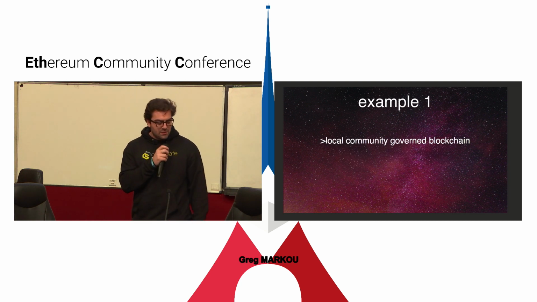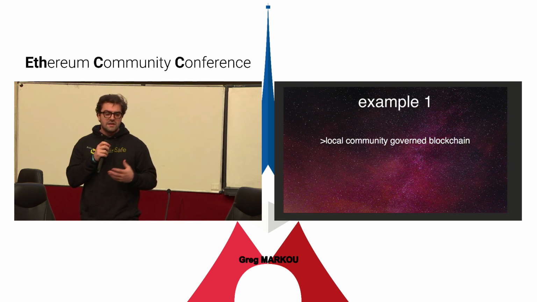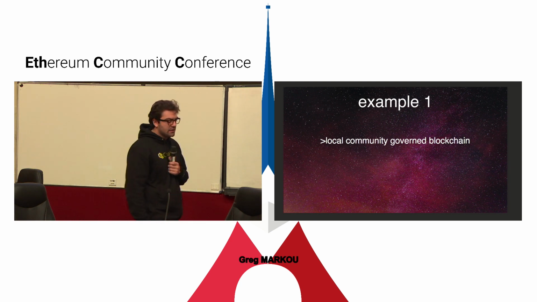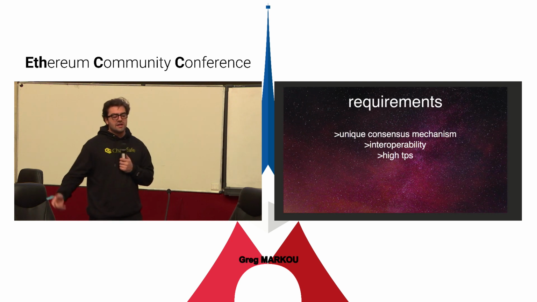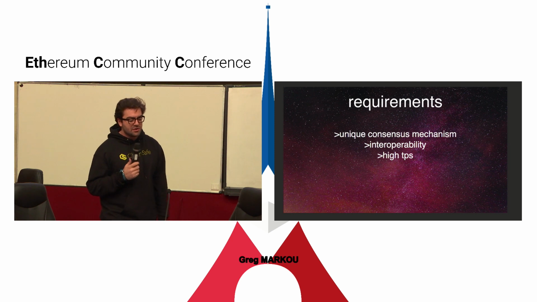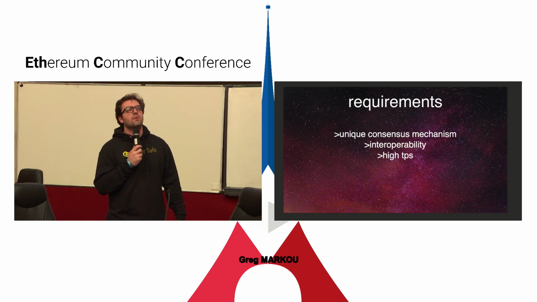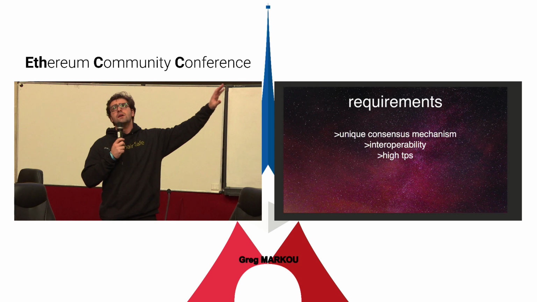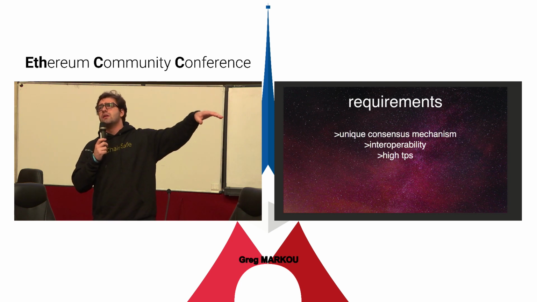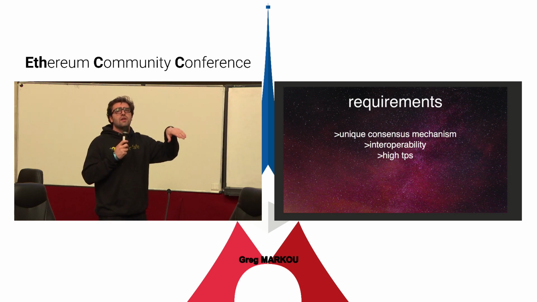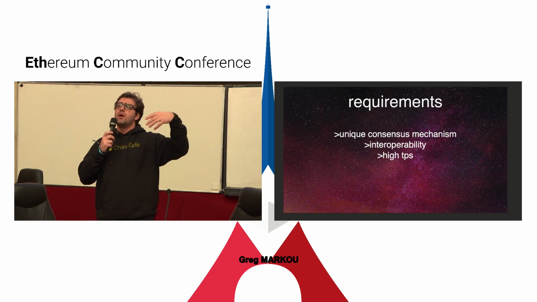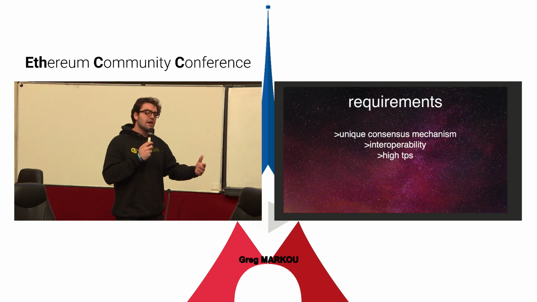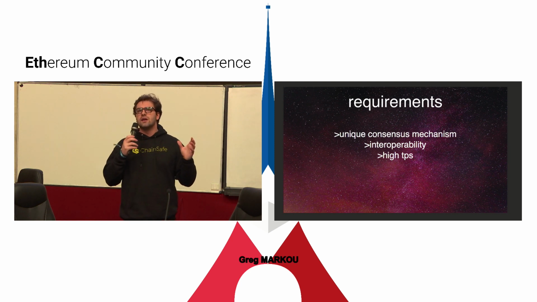Some examples of why we needed these types of things: let's say you wanted a local community governed by a blockchain. They probably need a unique consensus algorithm, and interoperability to some degree so they can transfer assets back and forth. Maybe they want to post state from their sidechain back onto the mainnet Ethereum, so that if anything does happen to theirs, they have checkpoints of what their state looked like, by creating super Merkle headers of block roots.